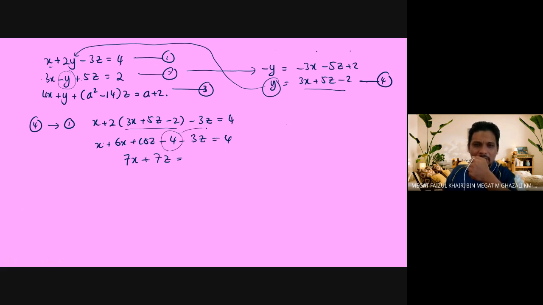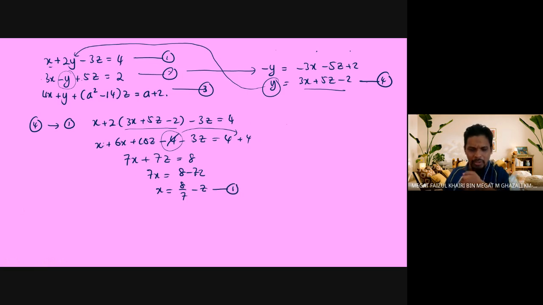Negative 4 bring to the side become positive 4. So 4 plus 4 equal to 8. And then from here, 7x equal to 8 minus 7z. So then x equal to 8 over 7 minus 7 divided by 7 equal to z. Equation 5.